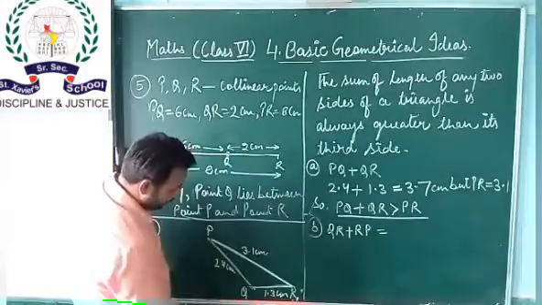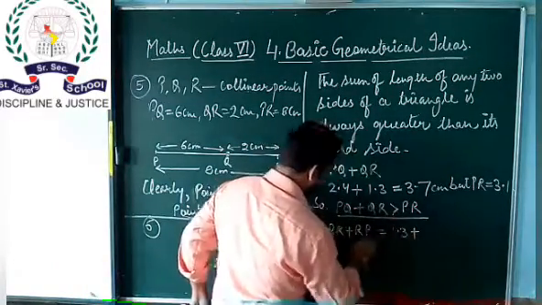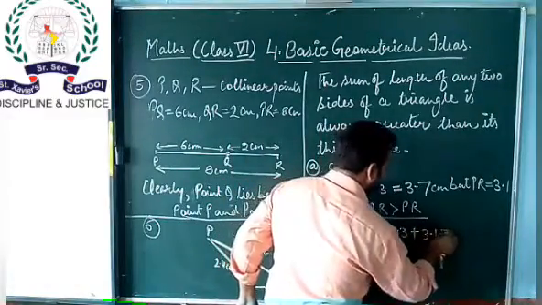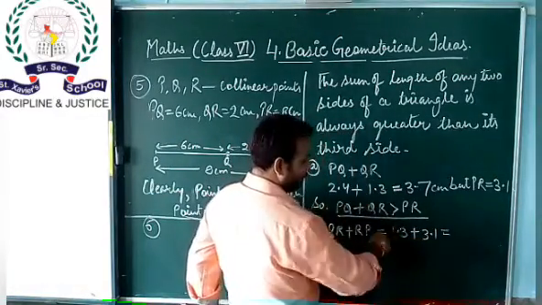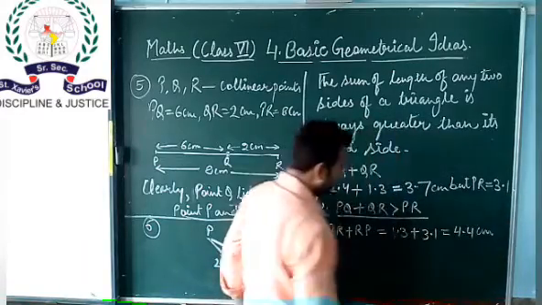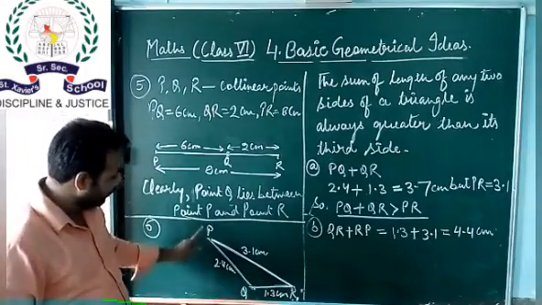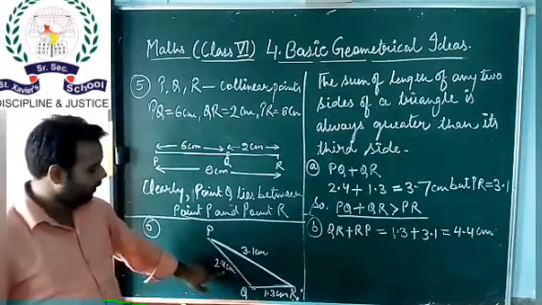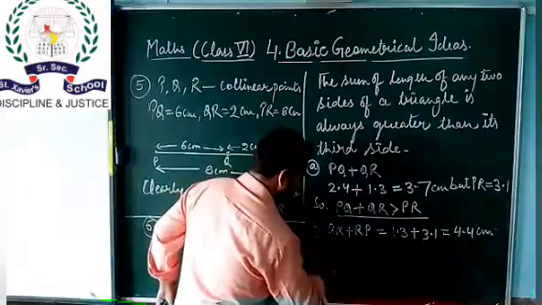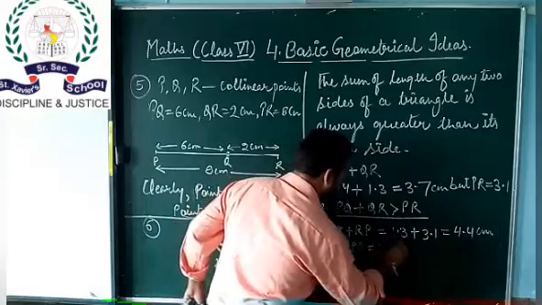Write their lengths: QR is 1.3 and RP is 3.1 centimeter, and add them. That gives 4.4 centimeter, but the length of PQ is only 2.4 centimeter.